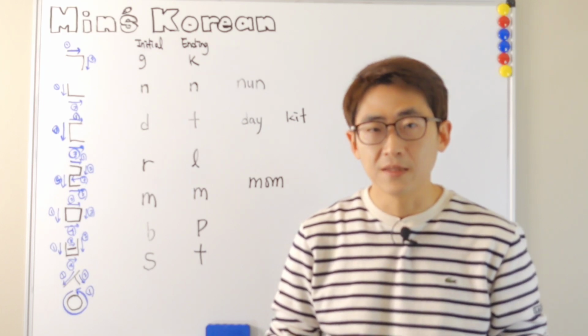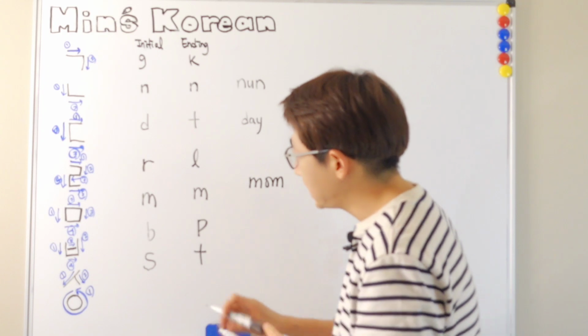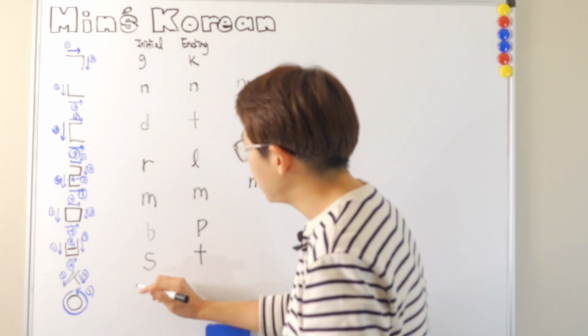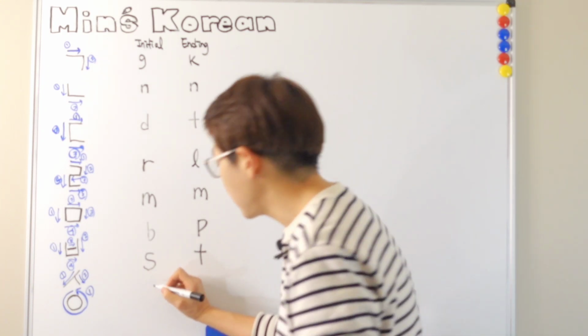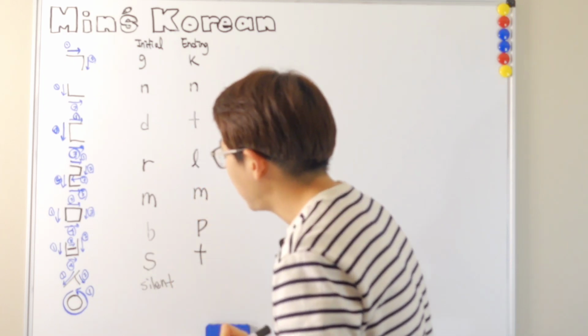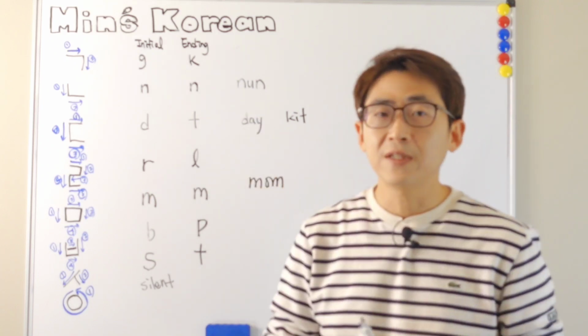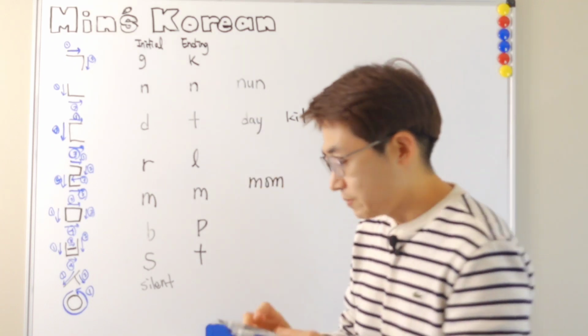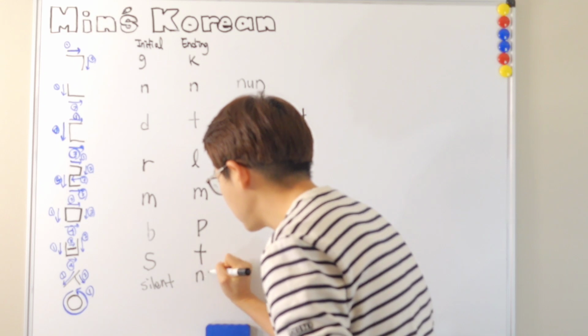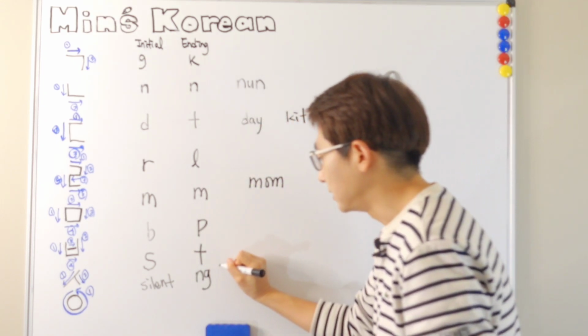And this one is an interesting one because when it's used as an initial sound, it doesn't make any sound. So it's silent. However, when it's used as an ending sound, ending consonant, it makes the sound of ng, 응.